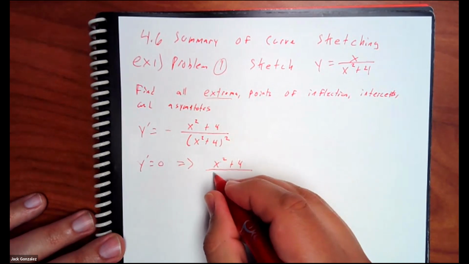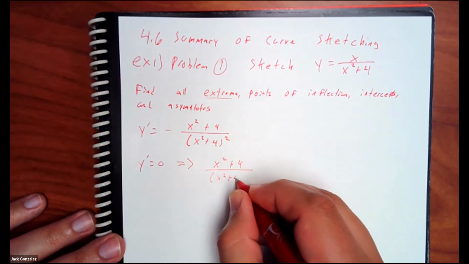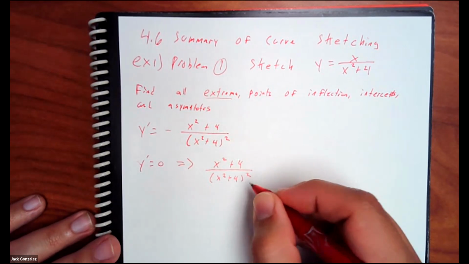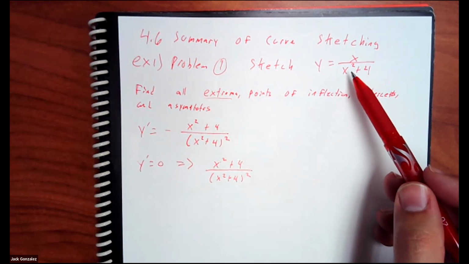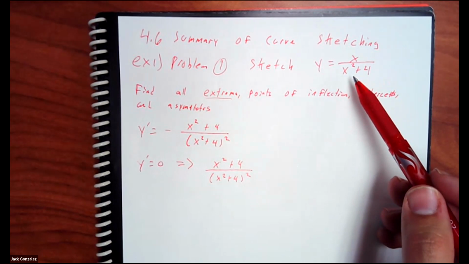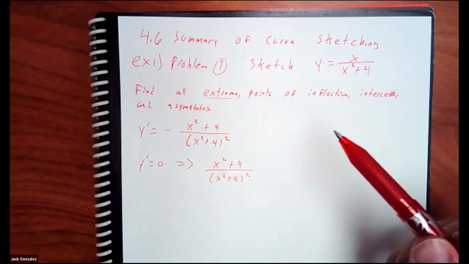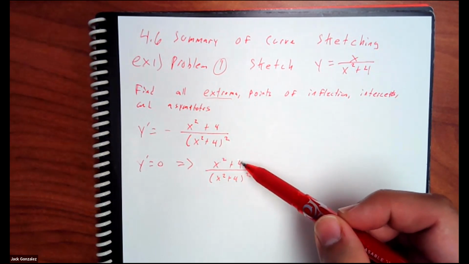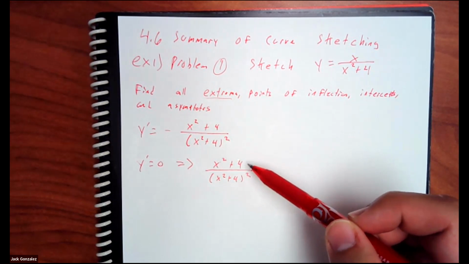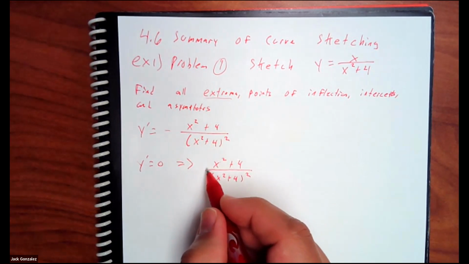The denominator is not going to have any effect on this problem. Actually, no, we're not going to have any zeros down here, so we're fine. We only care what makes it 0 on the top, though.